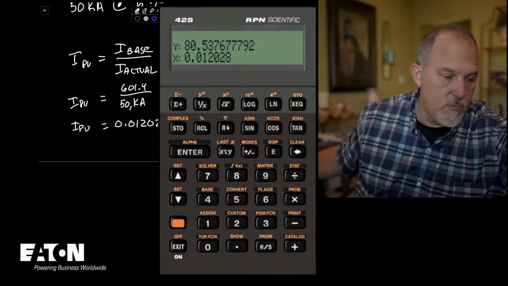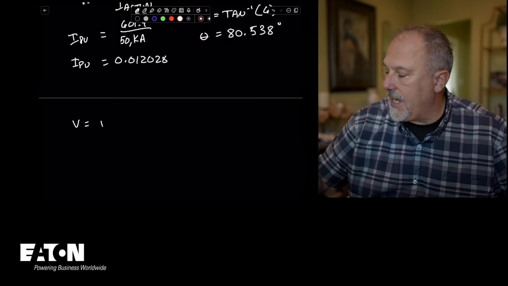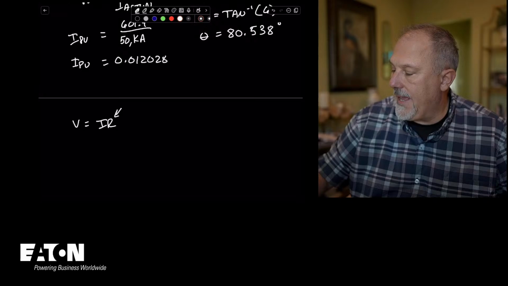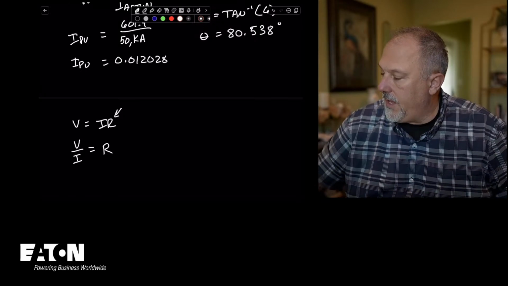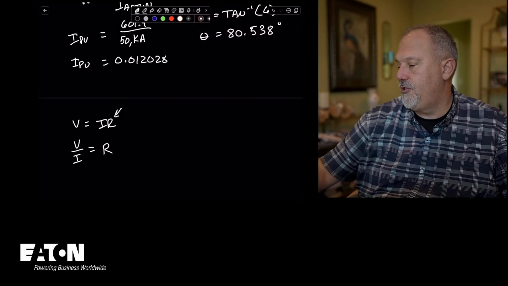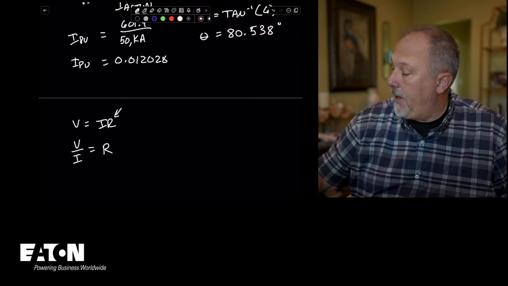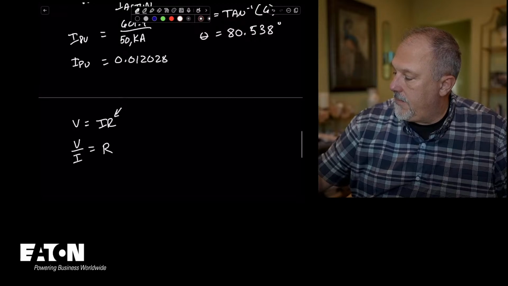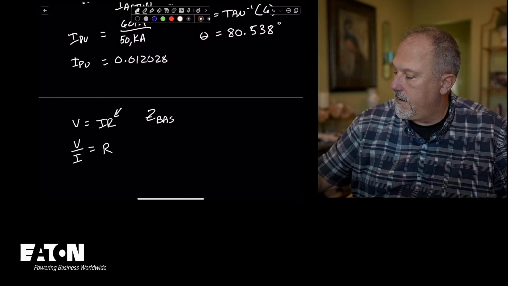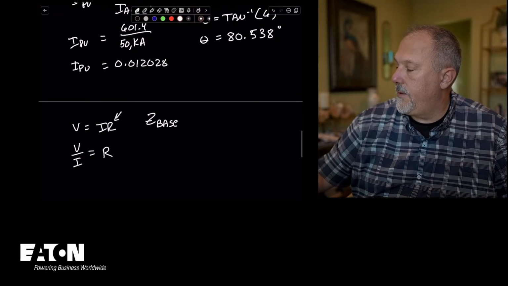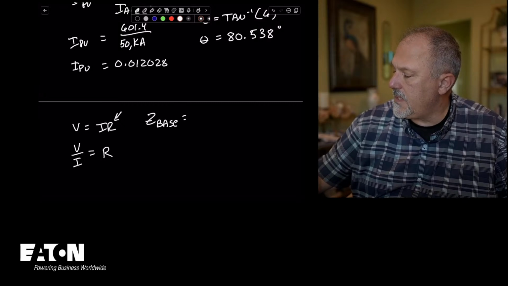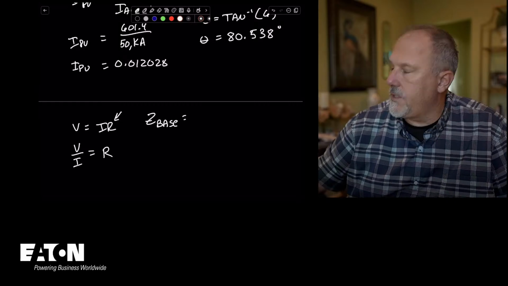Now, remember, V is equal to IR. So V over I is equal to R. So my Z base. What's my voltage?